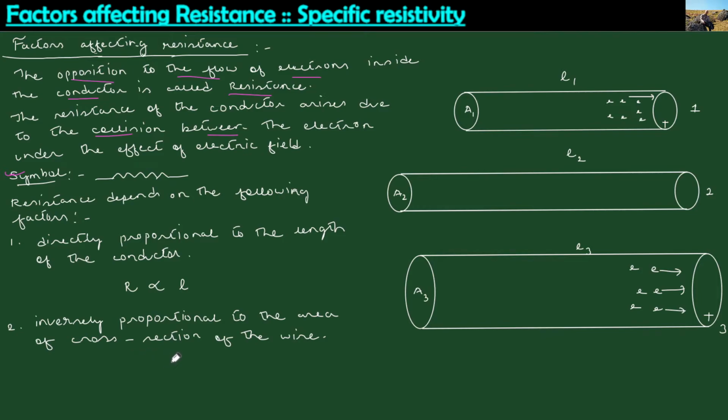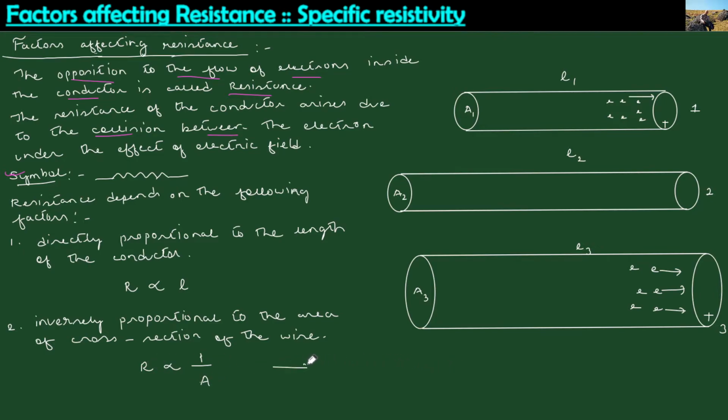So which means that resistance is inversely proportional to the area A of the conductor. Which means that as area A decreases, resistance will increase. As area A increases, resistance will decrease.